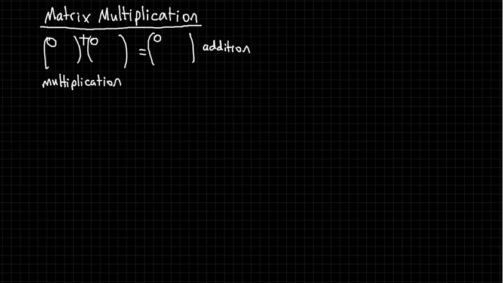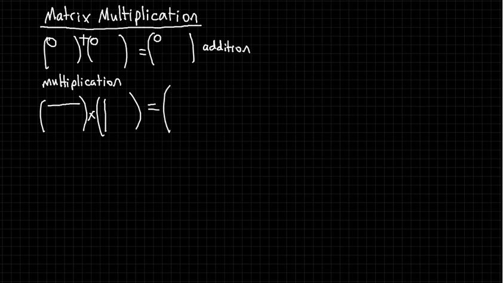And basically the rule of matrix multiplication is that you have to multiply all the entries of the first row with the column of the second matrix. Okay, and I'll explain this in a bit more detail.